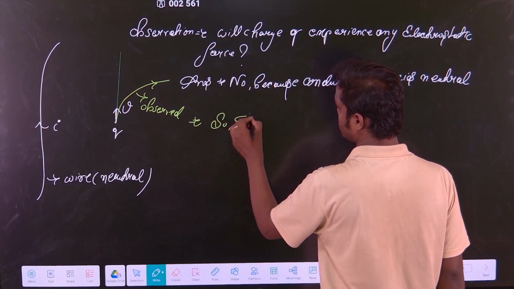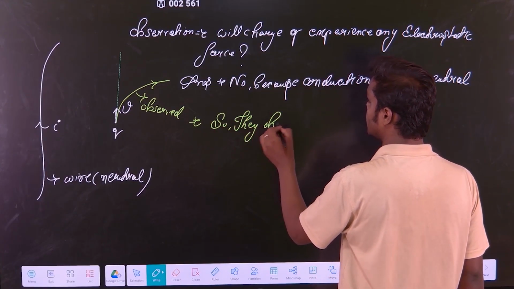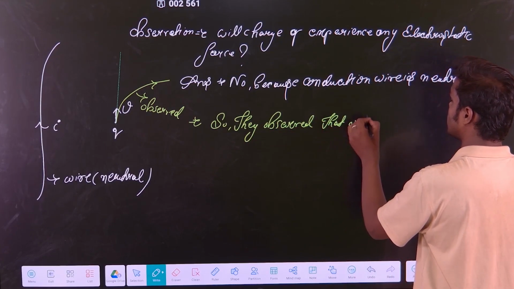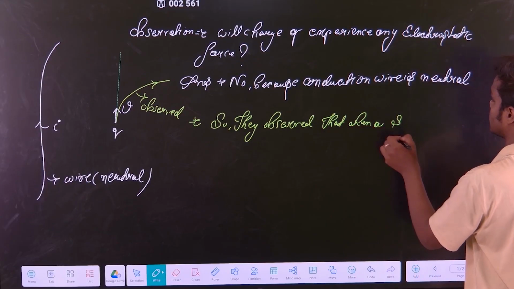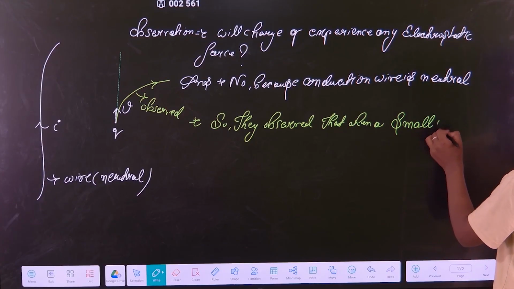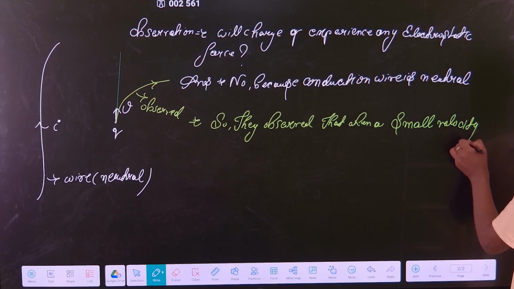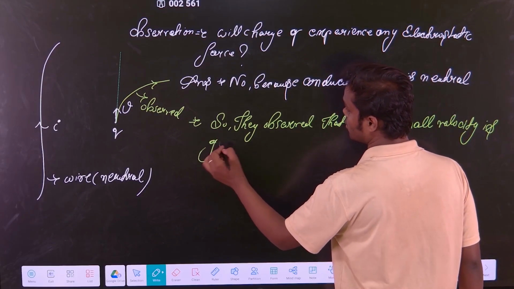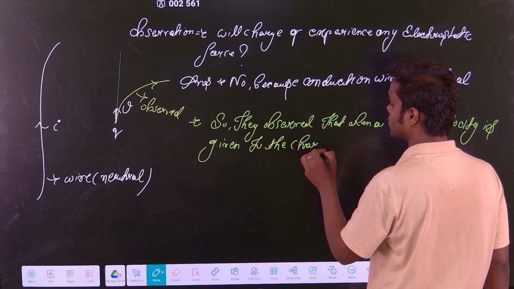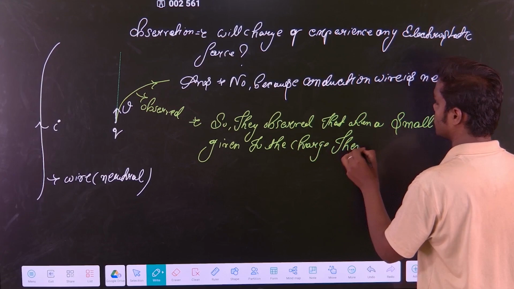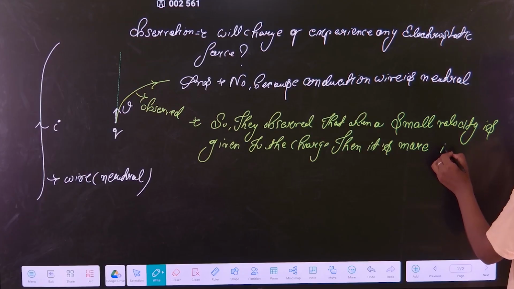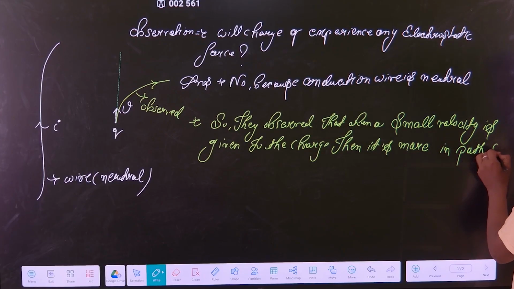So they observed that when a small velocity is given to the charge, then it moves in path 2.